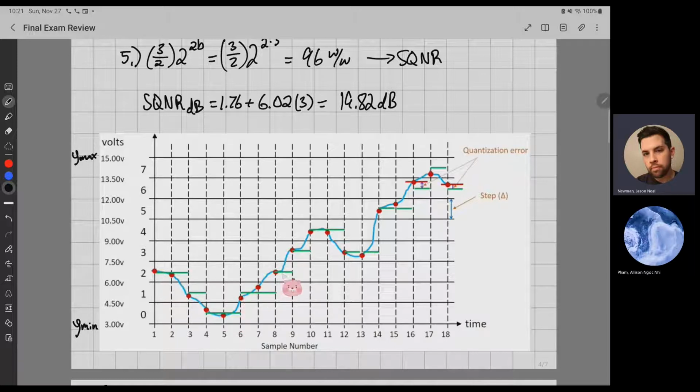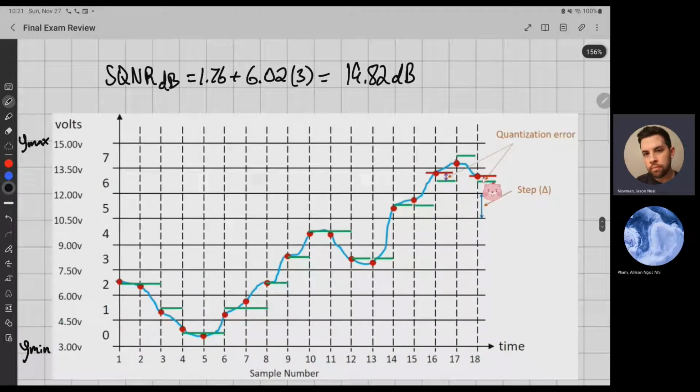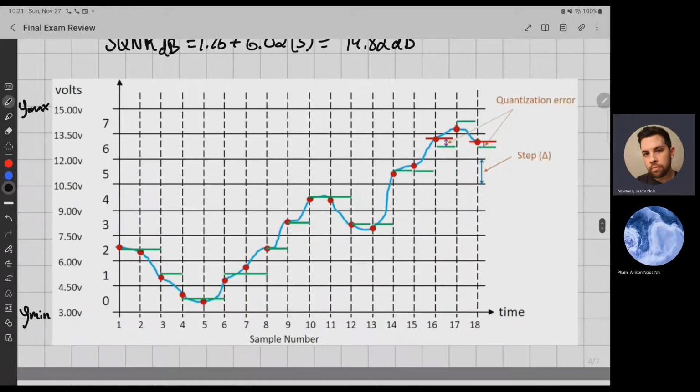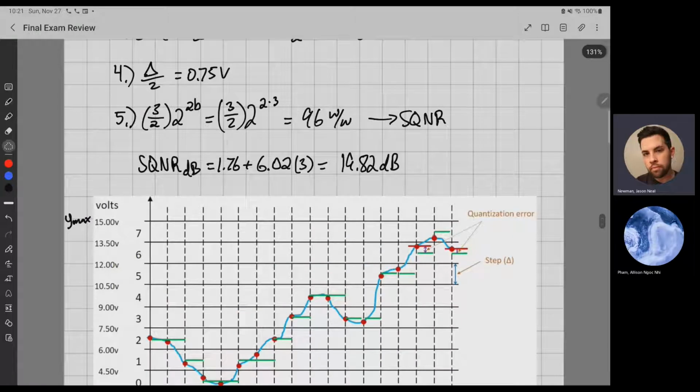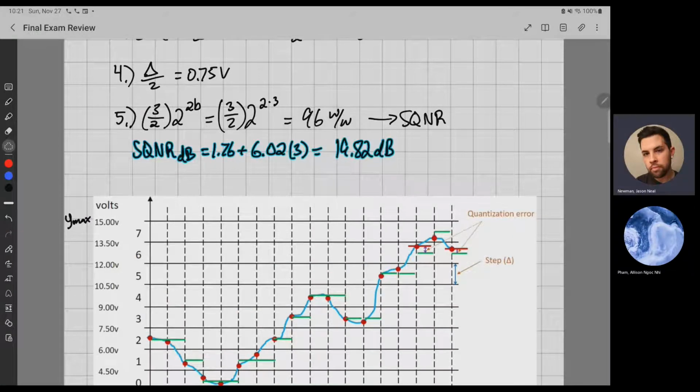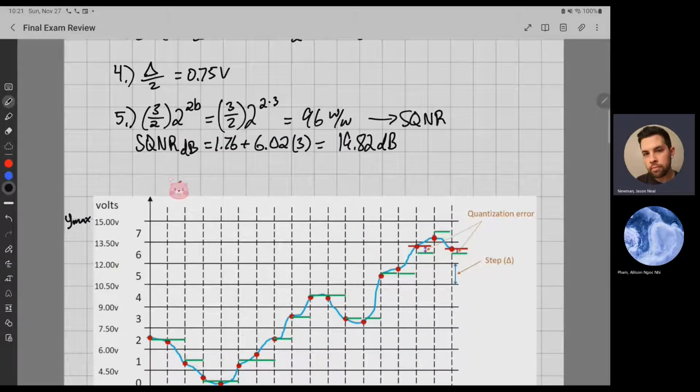So your quantizer is producing a discrete time and a discrete voltage value. It's quantizing this signal. The quantization error is the value that the quantizer outputs compared to the actual point of the signal itself. And this is the step size, which I was showing earlier. Let me move this out of the way. So what would this quantizer output?